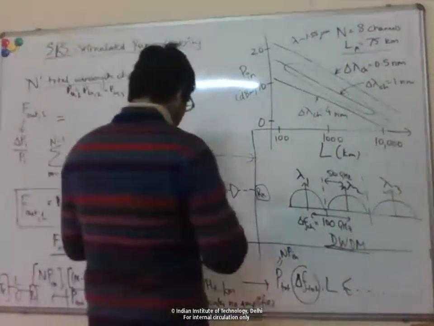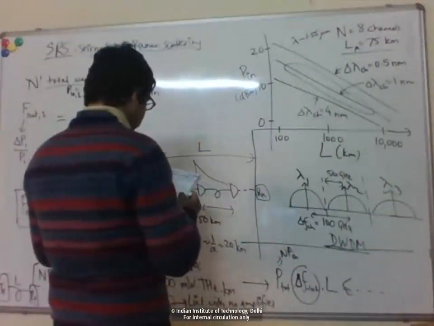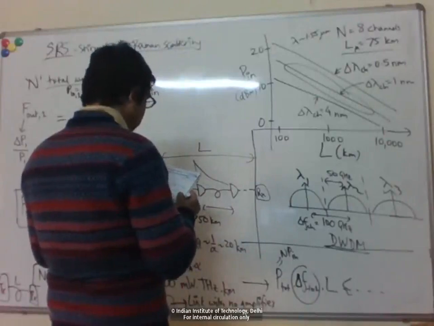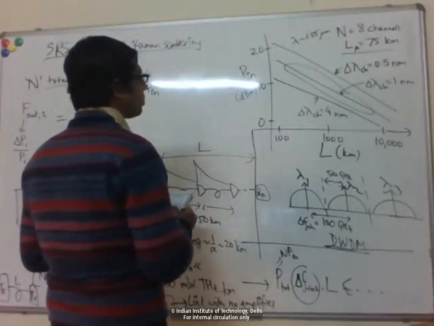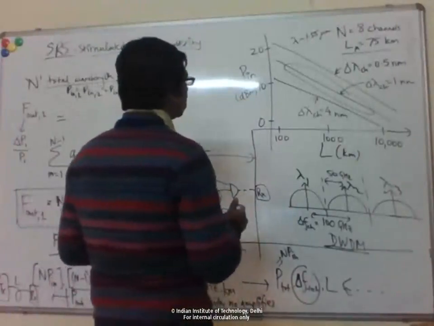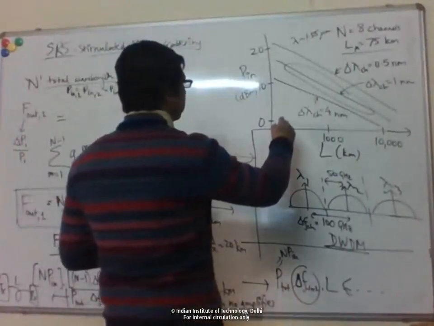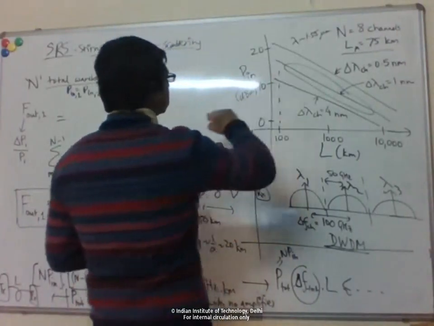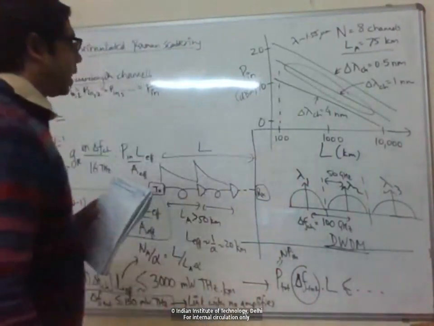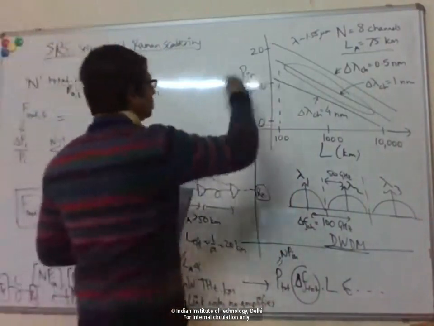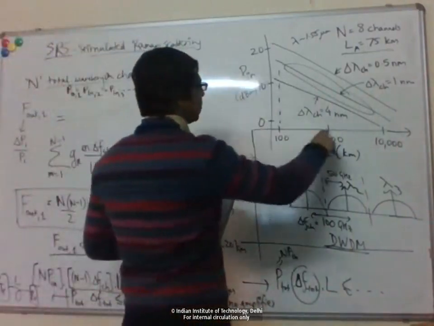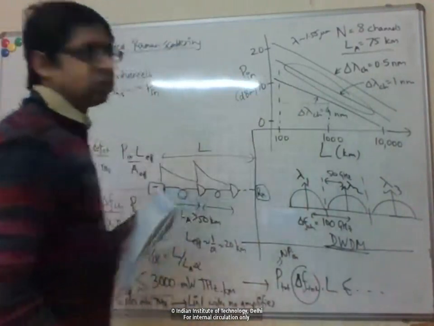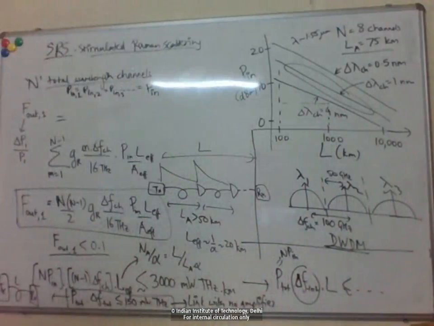Roughly, if I want to go 100 kilometers, I can't send a lot more than 10 milliwatts. If I want to go to 1,000 kilometers, then I have to reduce my power to, let's say, 5 milliwatts or something.